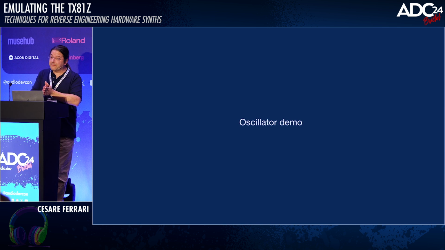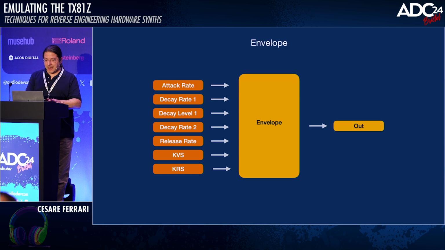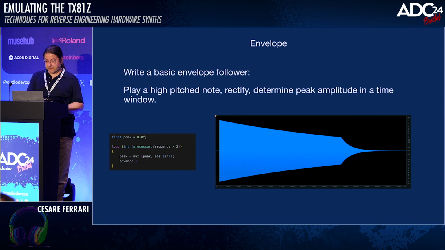Basically, I'll just go through the envelope. We've done exactly the same sort of thing. So we've done the various parameters, and we do the same sort of analysis of changing parameters and seeing what is a good fit for these.